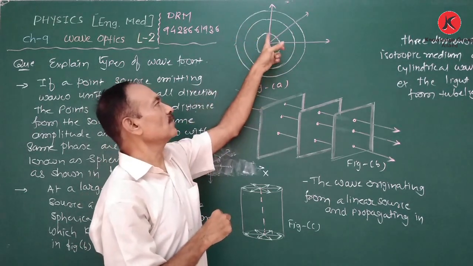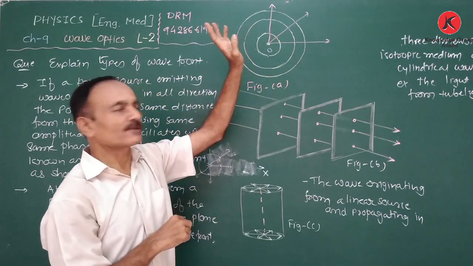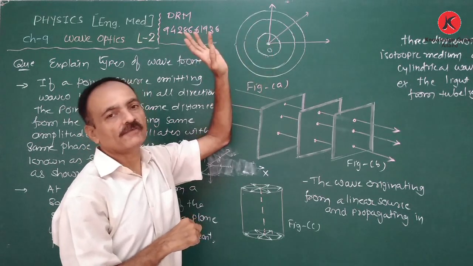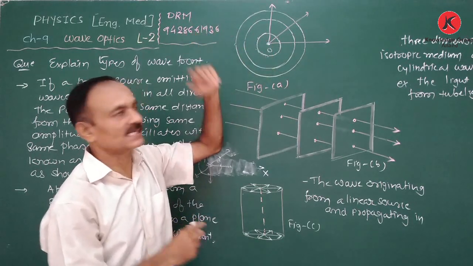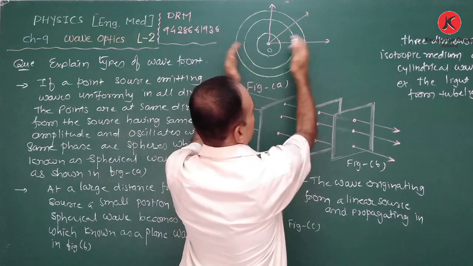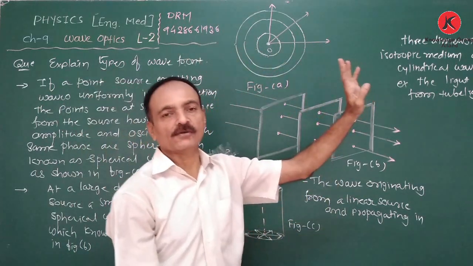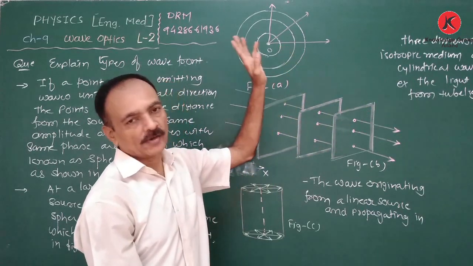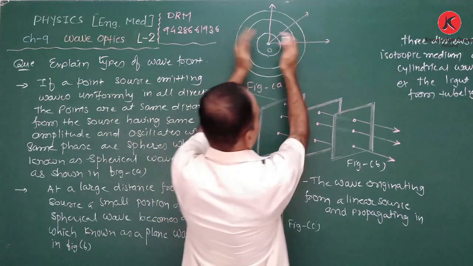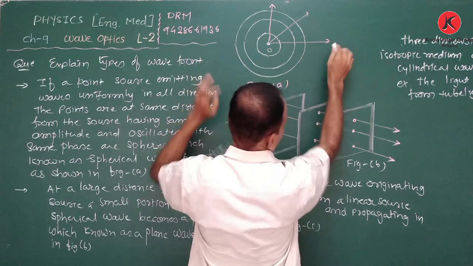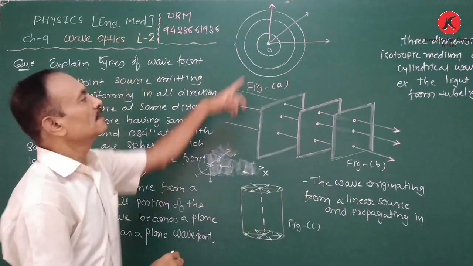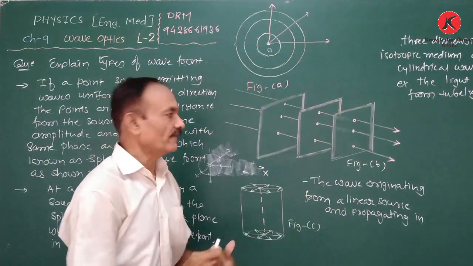This sphere is known as the spherical wavefront. As time passes, the spherical wavefront expands, which shows the direction of propagation of the wave.